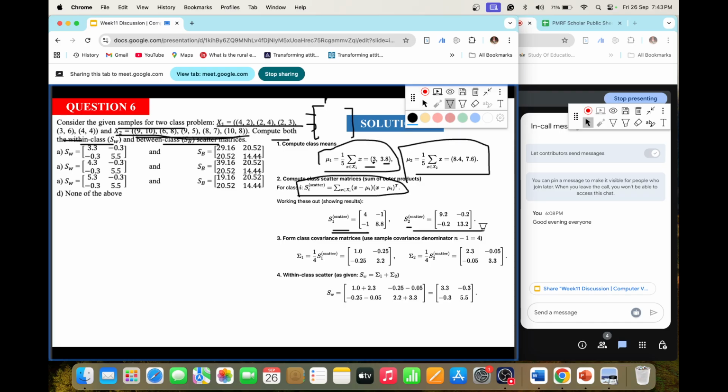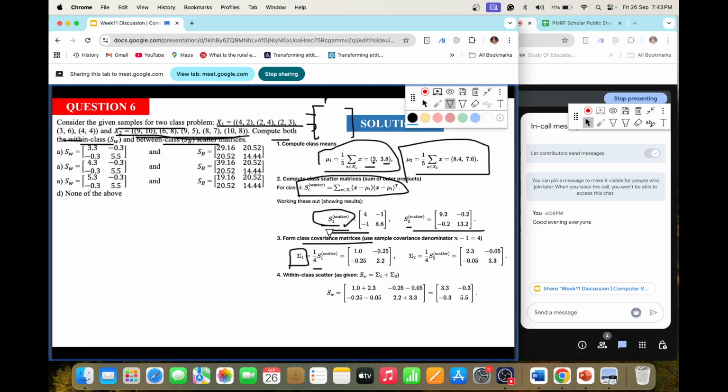Once you got the S1 and S2 matrices, you see that the within-class matrix uses the sample covariance denominator, that is n minus 1. So just multiply the scatter matrix you got by 1 by n minus 1 to get the sigma matrix.